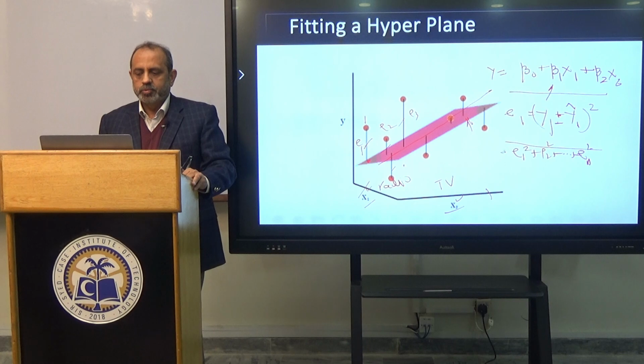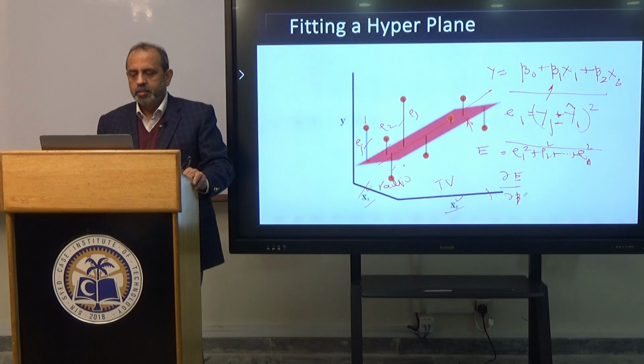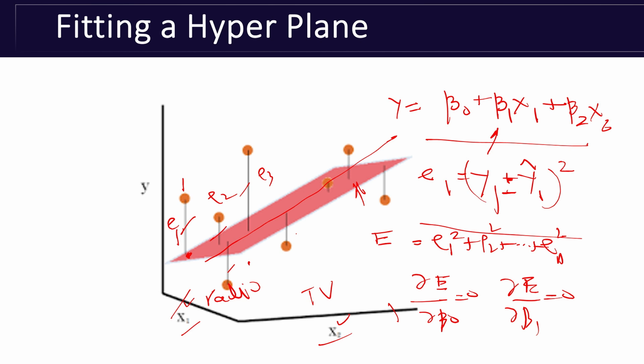So this is your mean square error if you divide it by n, and then you start taking the partial of error over partial b naught, then partial of error over partial b1, then partial of error over partial b2, and put them equal to 0. So there are three variables. You will have three equations and three unknowns, so you can just solve them.